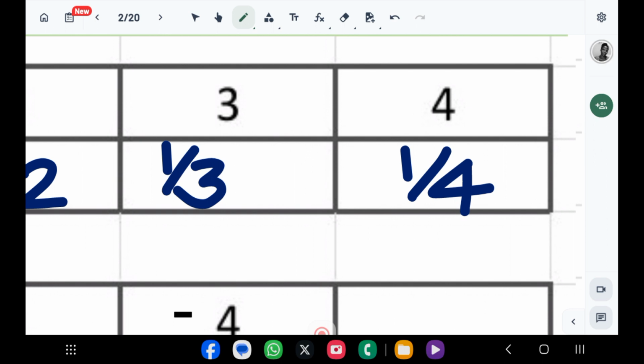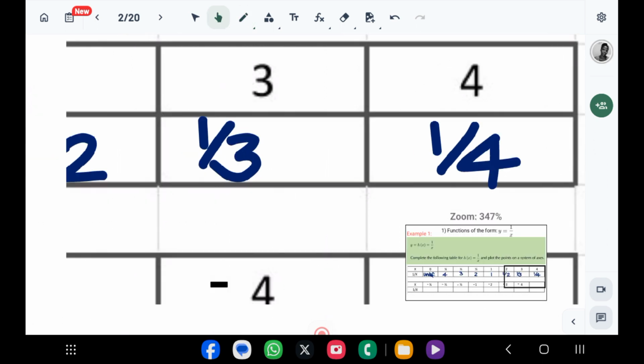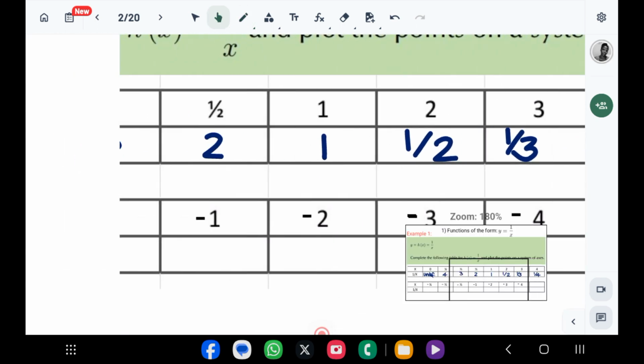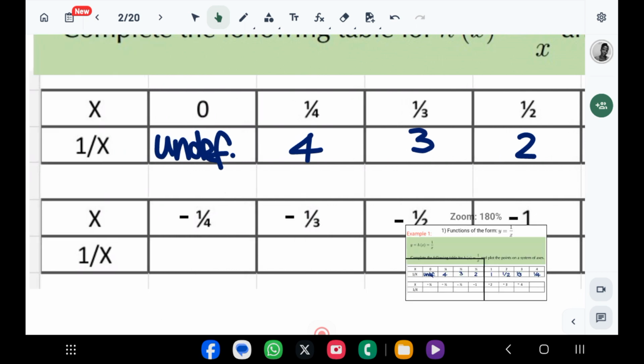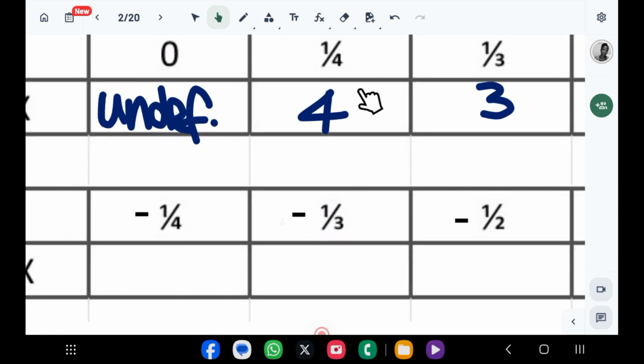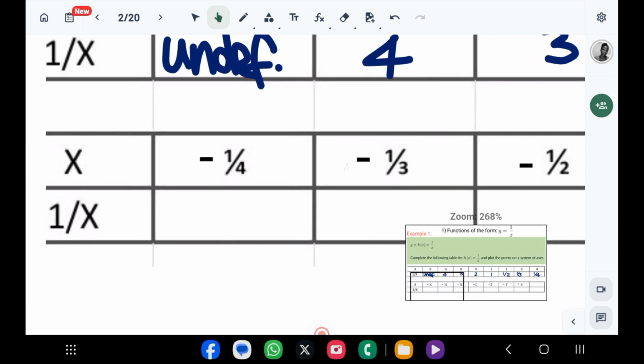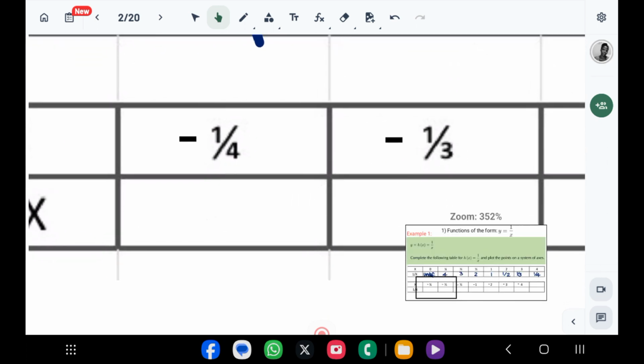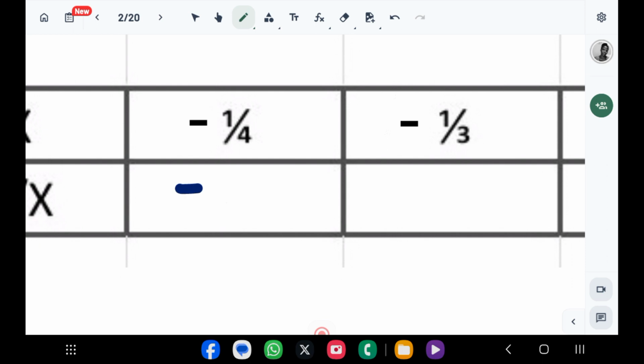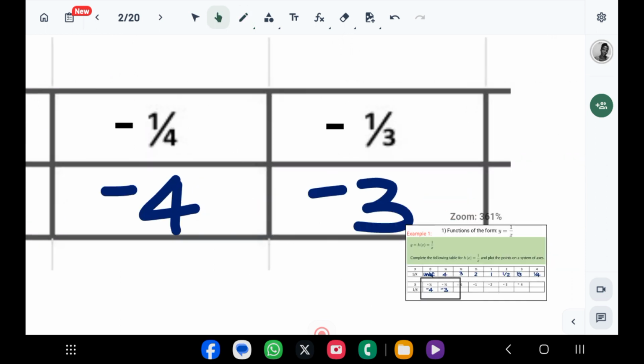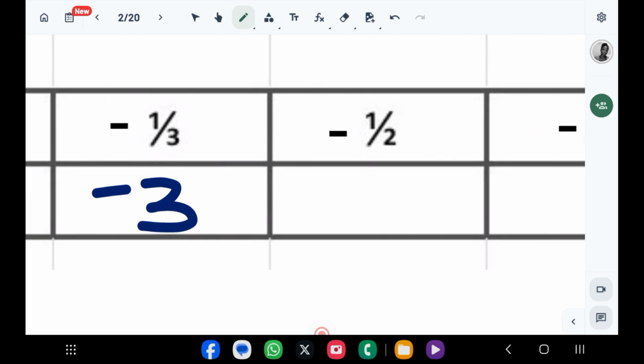Now let's look at the negative side of the x-axis. When x equals negative a quarter, it's almost the same as when x equals a quarter, just that it's negative. So we've got negative 4, negative 3, negative 2. Take out a calculator if you don't believe me and calculate this yourself.